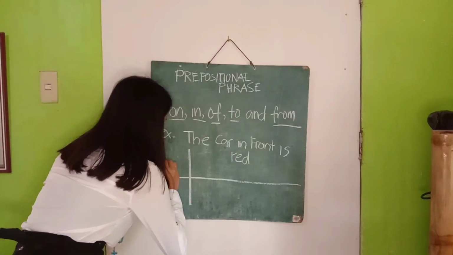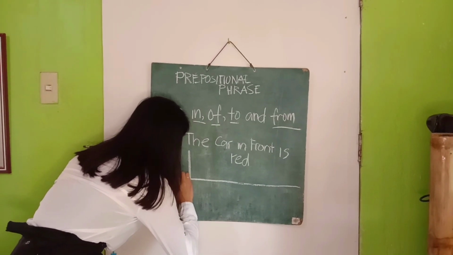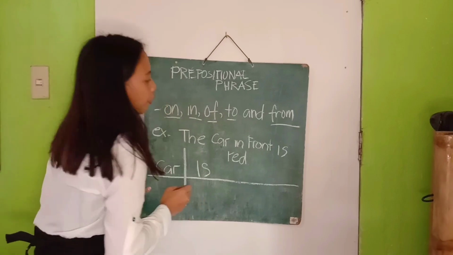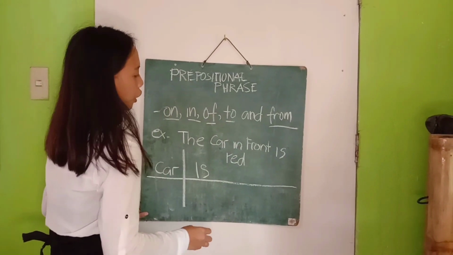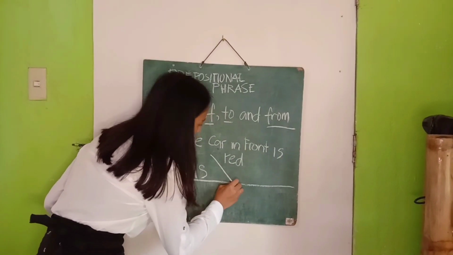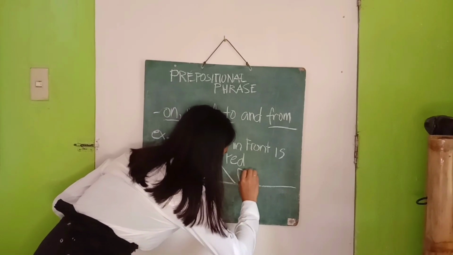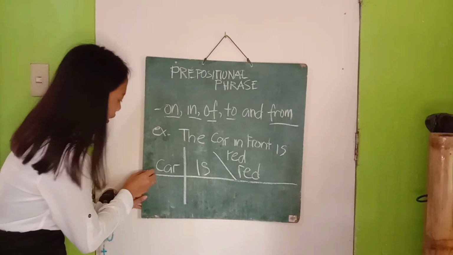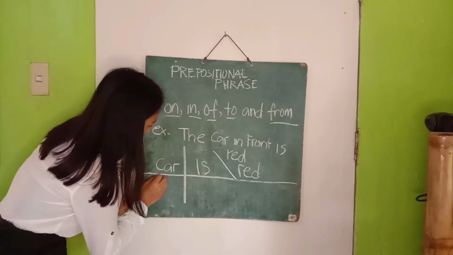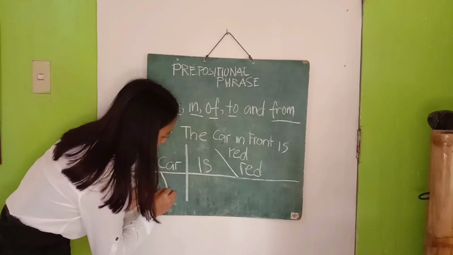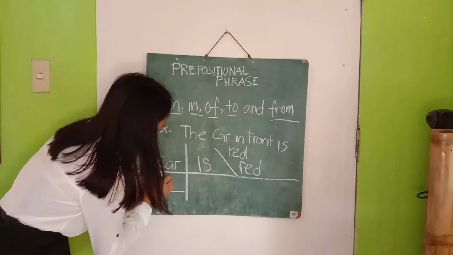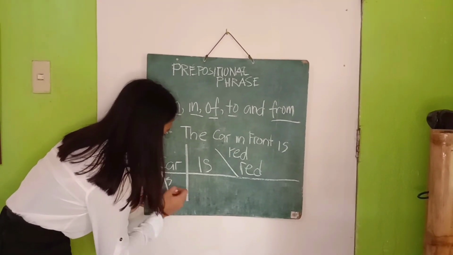Write the subject on the left side, and is for the linking verb, and for the subject complement, draw a slanted line and write it here. For the prepositional phrase, draw a slanted line and a straight line and write the preposition in and front.